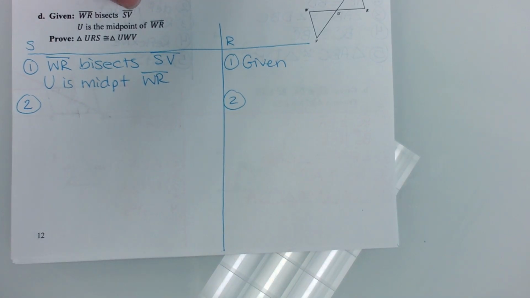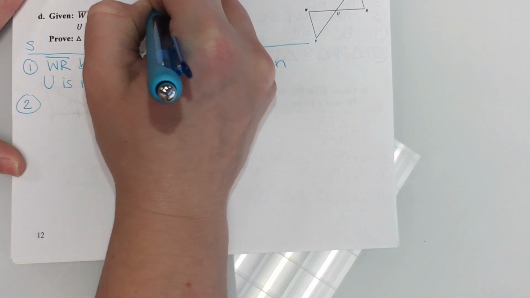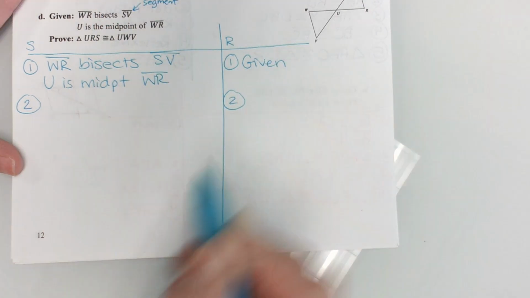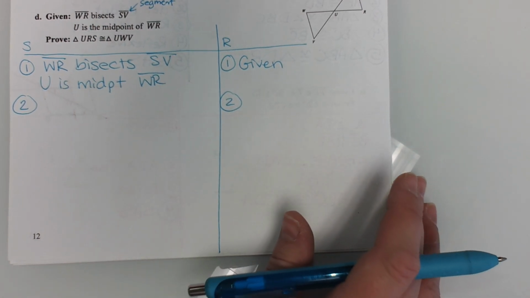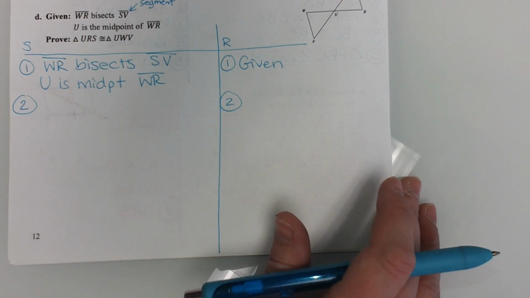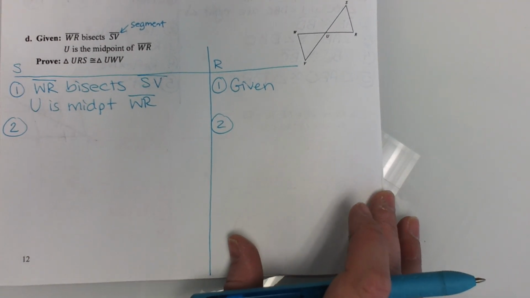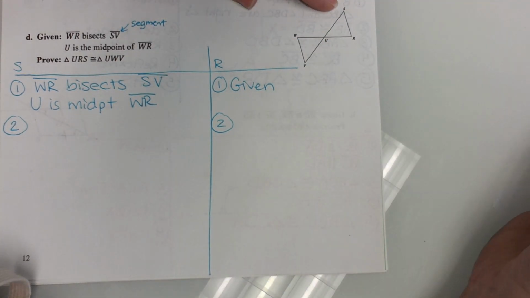Segments, because the second one is specifically what gets cut in half. That being a segment is what tells us it's a segment bisector. Segment bisectors allow us to say things are equal or congruent. In these proofs, do we want equal signs or congruent signs? Congruent signs. So, WR bisects SV.